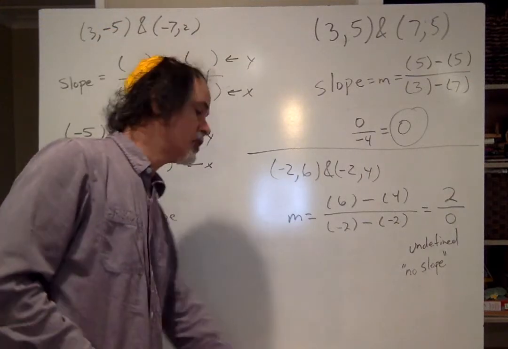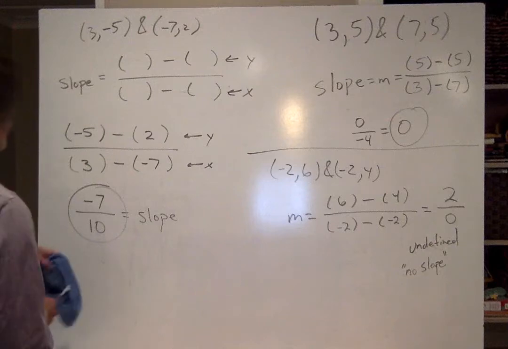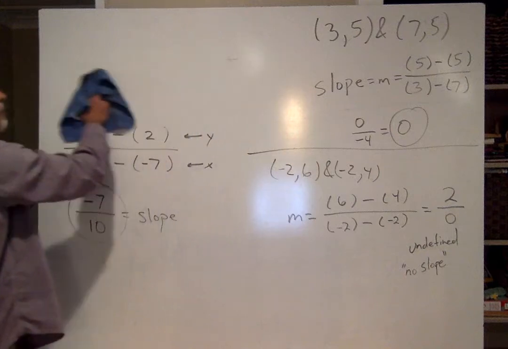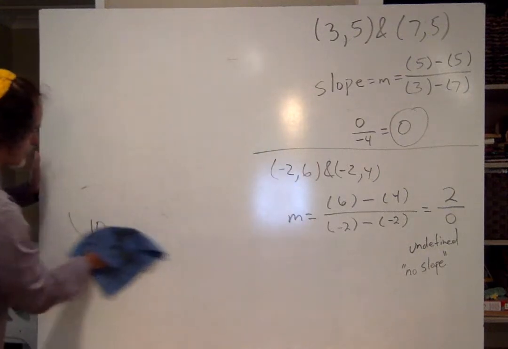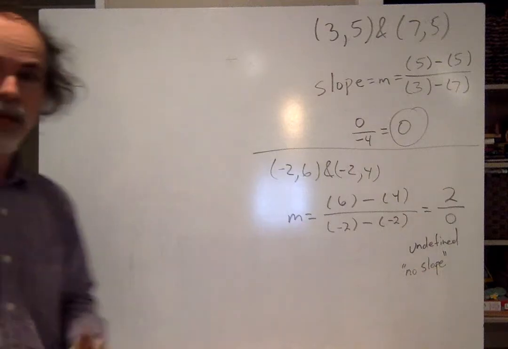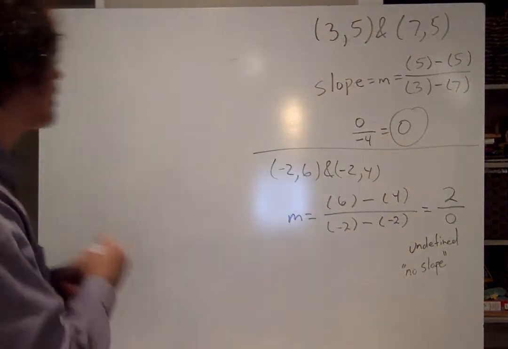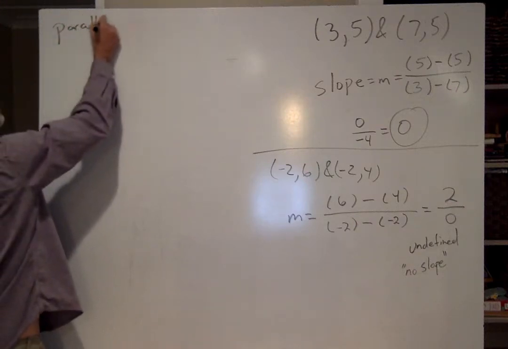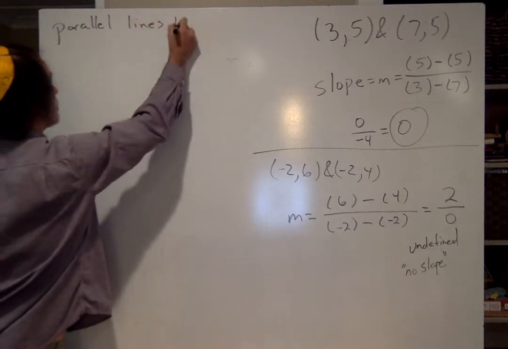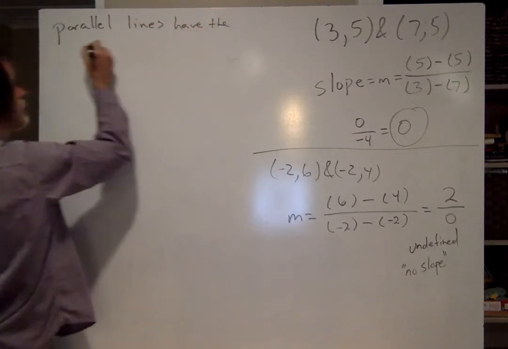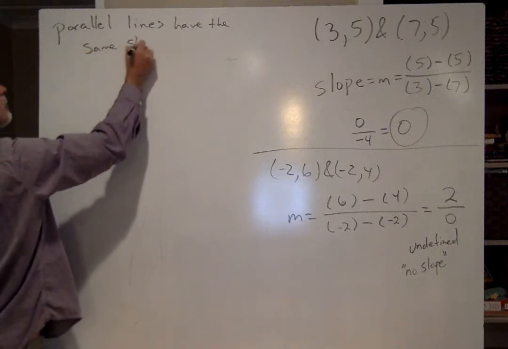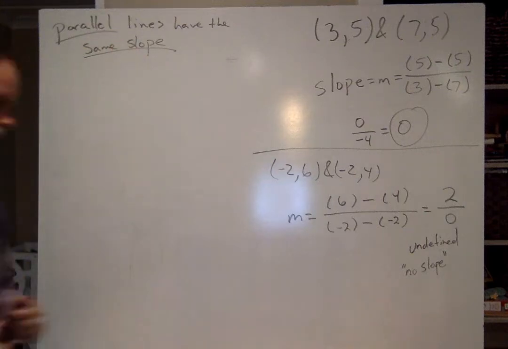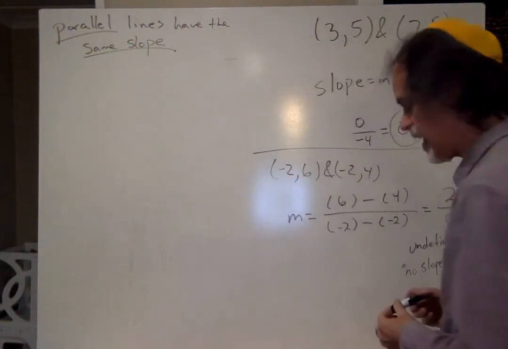Okay. So, two things they want you to know for this section. Parallel lines have the same slope. And that makes sense, right?